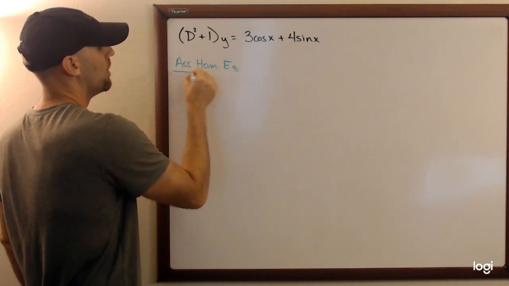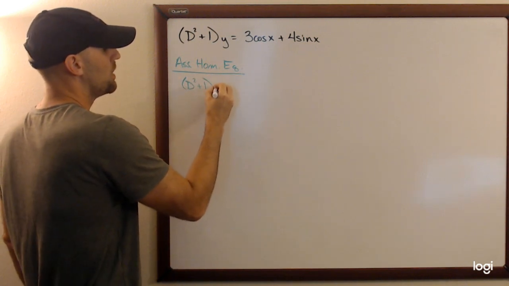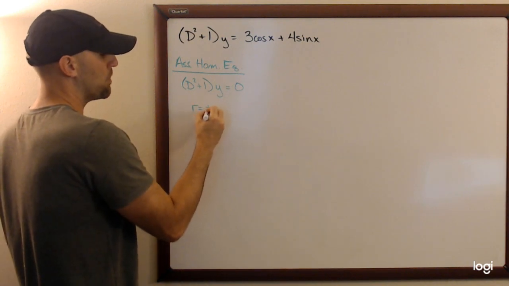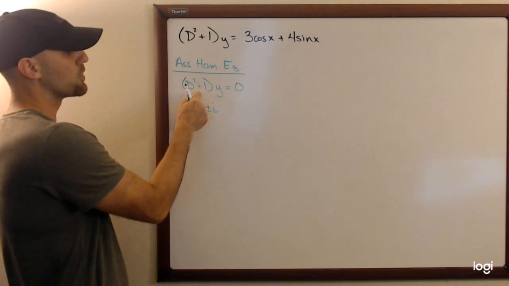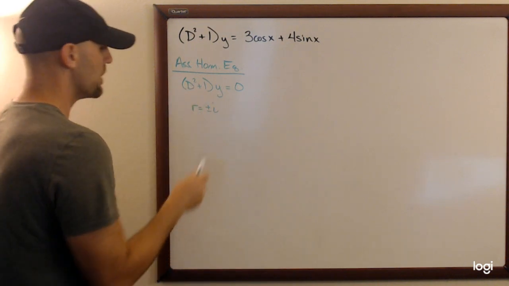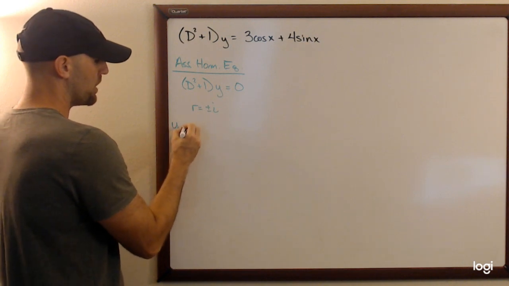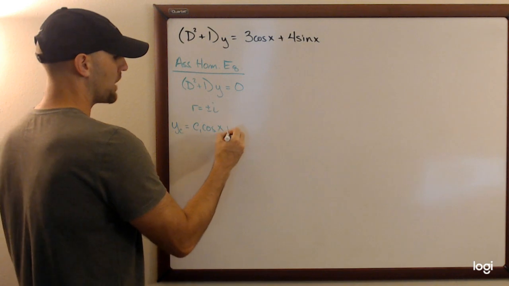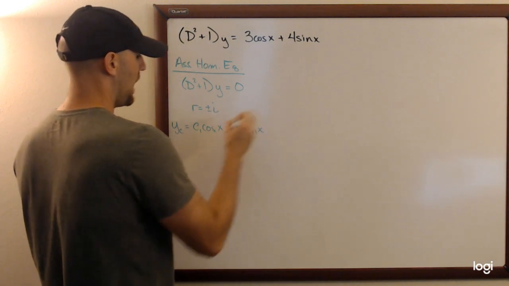That is D squared plus 1 y equals 0, giving me r is equal to plus or minus i. I remember r squared plus 1 equals 0, so that's r is equal to plus or minus i. This gives me a complementary solution here of C1 cosine 1x plus C2 sine 1x. There we go.